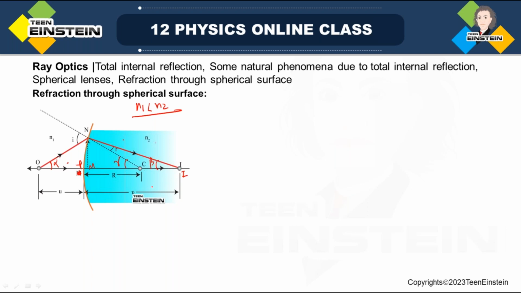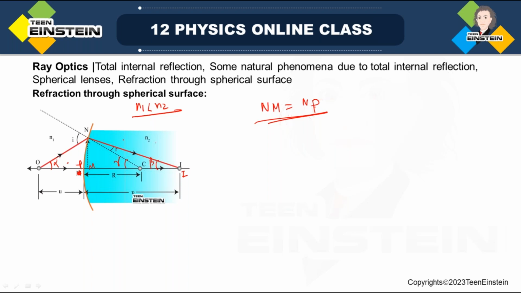We are drawing a perpendicular NM. In this case the aperture is small, so the mirror curvature can be taken like this, and NM is perpendicular to the principal axis. That means NM and NP are coinciding, and P and M will coincide with each other.